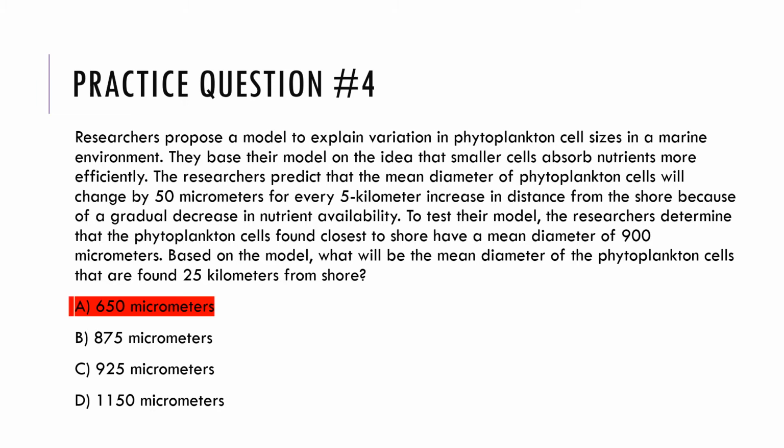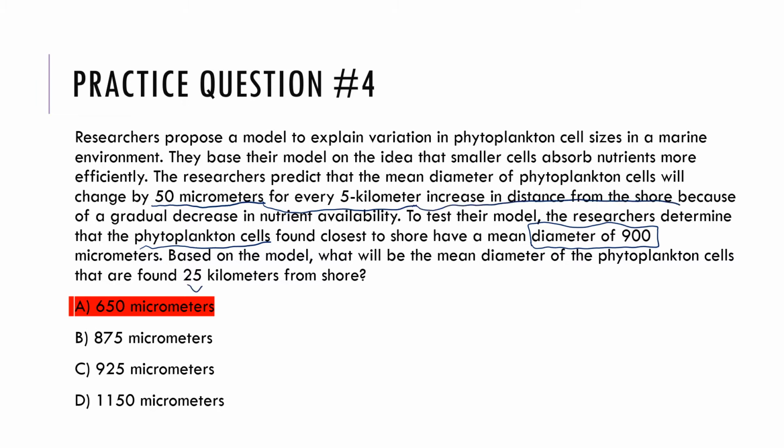You should have put down A as the answer for this one. So what they're looking at is they went and found these phytoplankton cells, and when they were the closest to shore, they had a diameter of about 900 micrometers. Their hypothesis is that the diameter is going to change 50 micrometers every 5-kilometer increase from the shore.